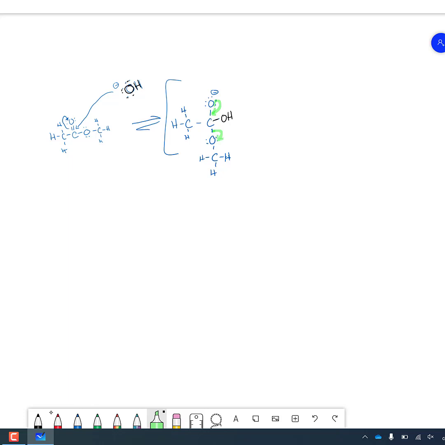So the electrons that are holding this in place are going to deposit onto that oxygen, and we're going to kick off an O, which has gained the electrons from its bond with carbon, CH3. So that has come off.